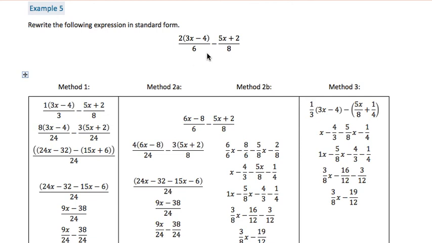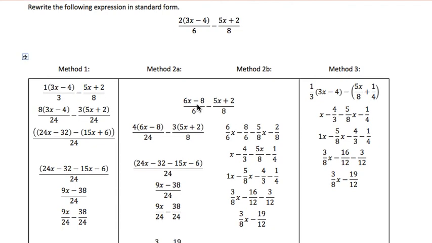In example 5, we have 2 times the quantity 3x minus 4 divided by 6 minus 5x plus 2 divided by 8. There are several ways to do this, and I'll have you review those on your own, following step by step, and determine which one is your favorite.